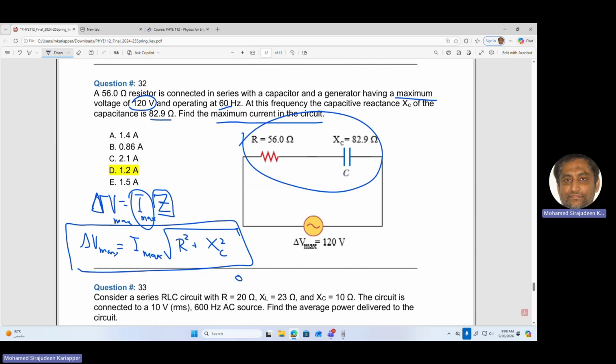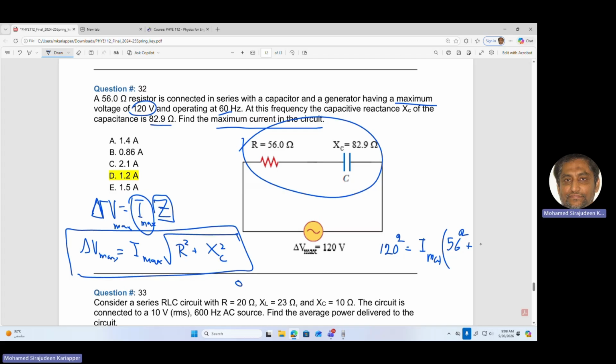Let me put the values in. 120 squared equals I max, our unknown, multiplied by R, which is 56, and XC is 120.